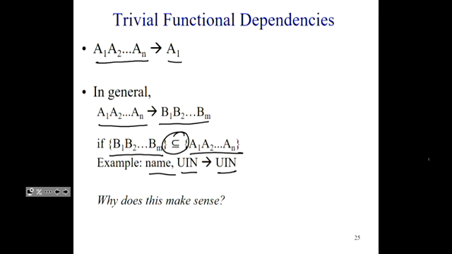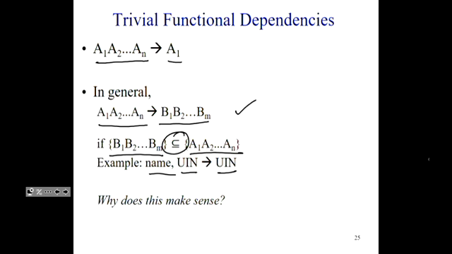Why is that? Well, if you have two tuples which have the same value for name and UIN, they obviously have the same value for UIN, and therefore this makes sense. Okay? This is an example of a trivial functional dependency.